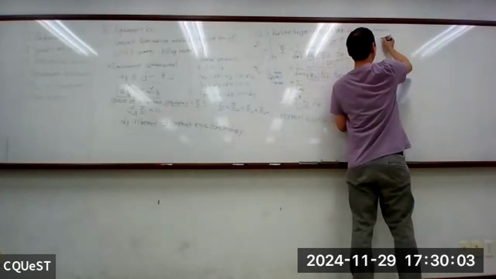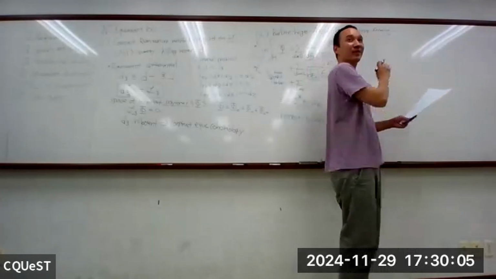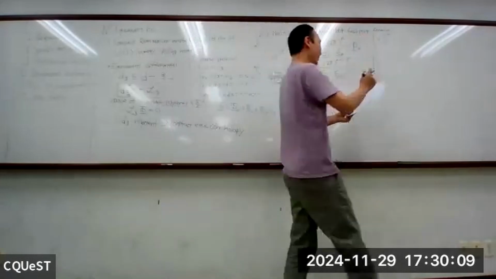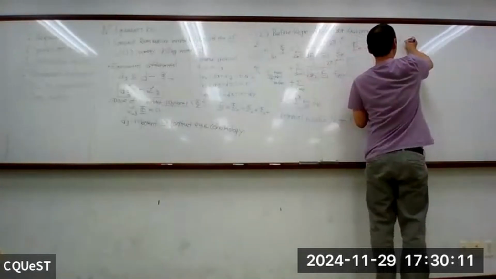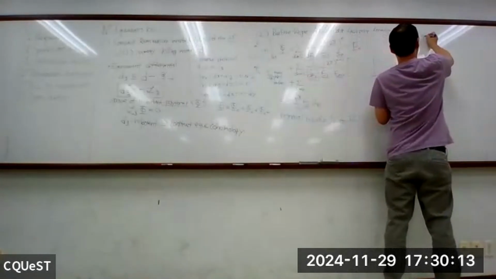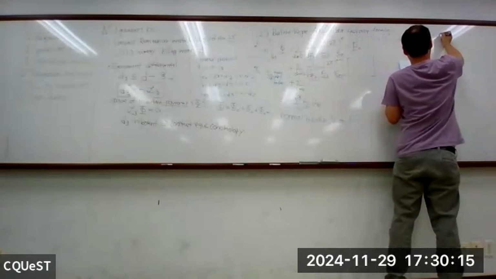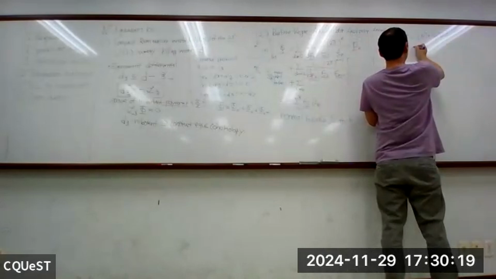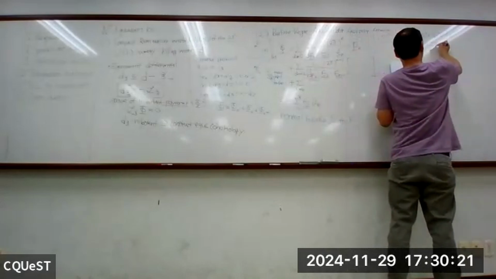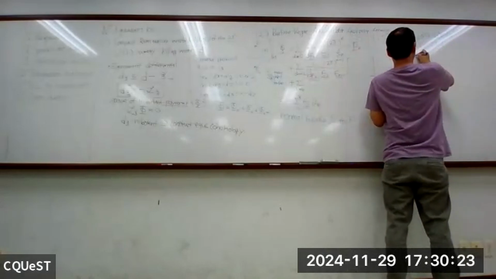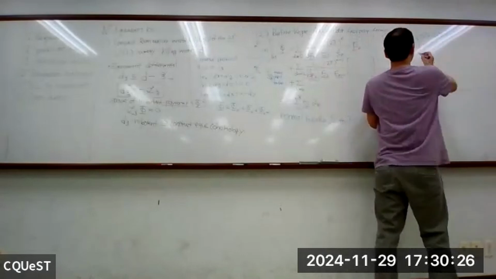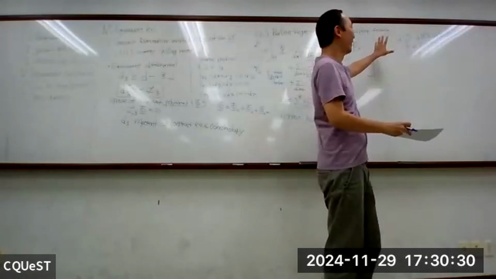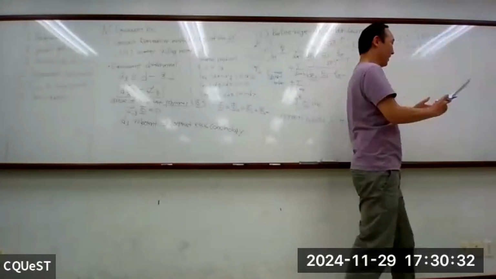So let's do the example S2. The simplest example, and you will see how this machinery works. So how does it look? And theta is like this. The range of the coordinates are like this.